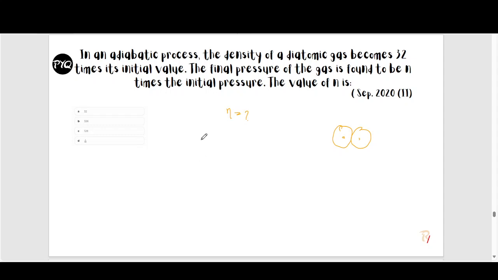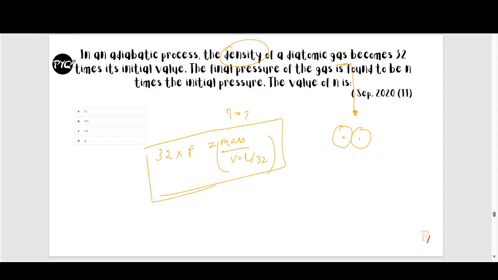Let us consider the density, diatomic gas, 32 times of an initial value. Rho equals mass upon volume, upon 32 gives us our required answer. Let me solve this.